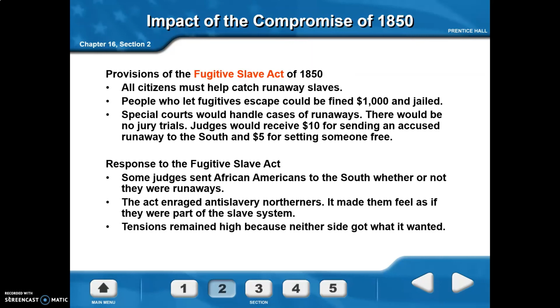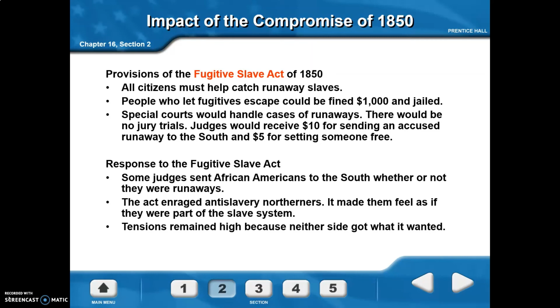And there were also special courts created that would handle the cases of runaway or fugitive slaves. There would be no jury trials, so none of your peers would listen in and make a verdict. The judge would be the one that made the decision. And the judges would receive money either way, whether they let the slaves go and be free, or returned them to their owner.